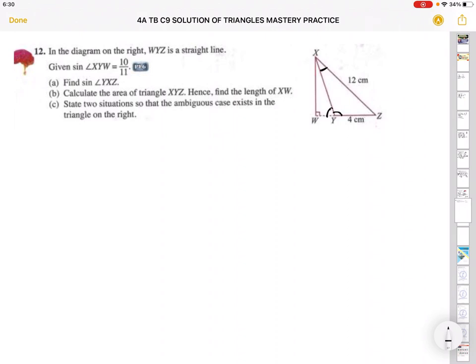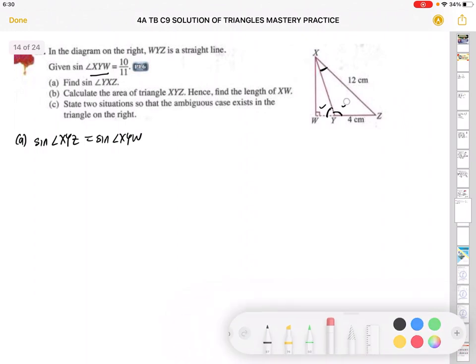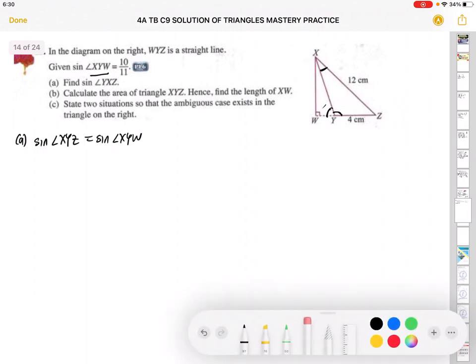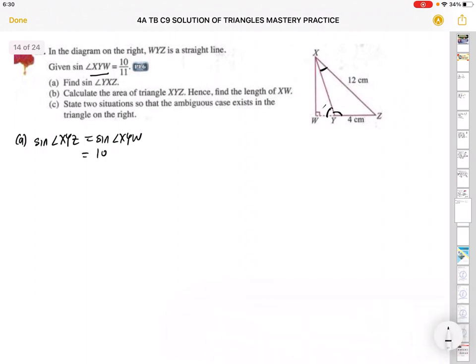And we know by now that if you're given sine XYW, sine XYZ is the same as sine XYW. The sines of these two angles are the same. One is obtuse, one is acute, but they have the same sine value, right? So we can write this as 10 over 11. I want to find sine YXZ.